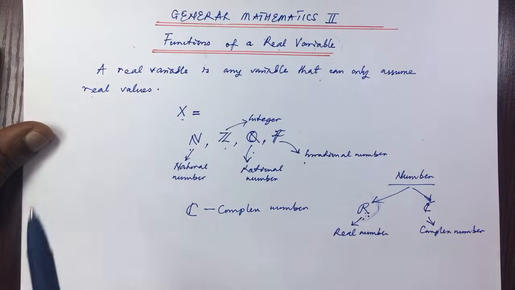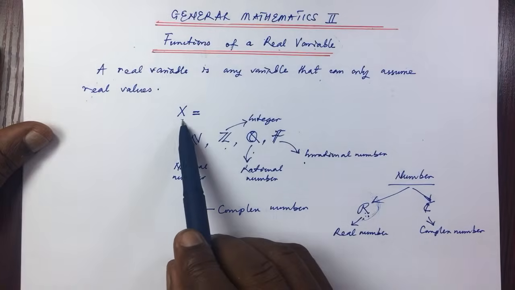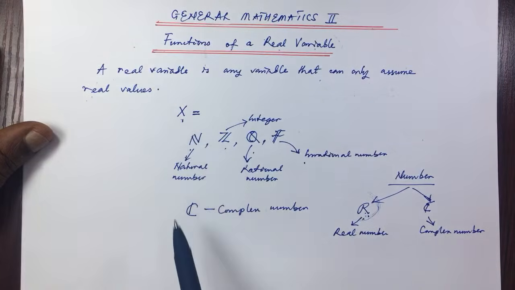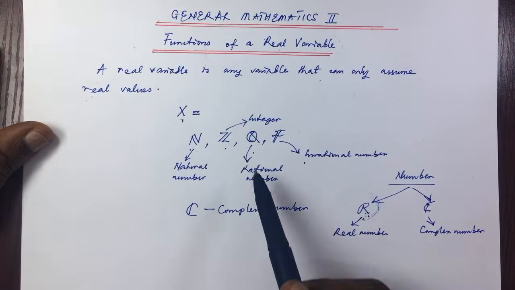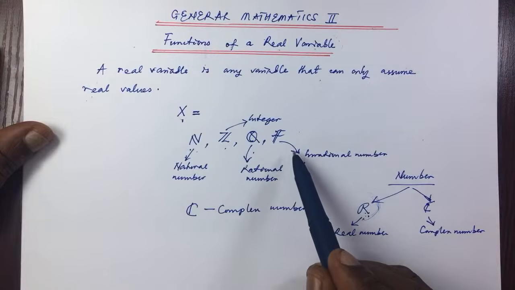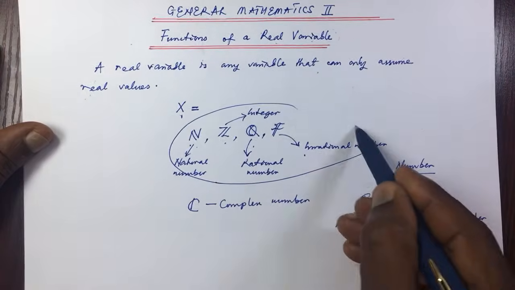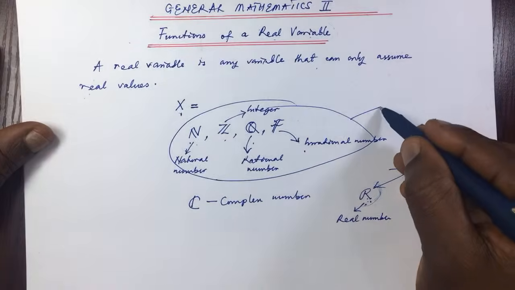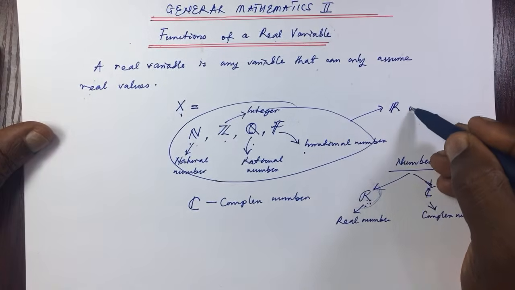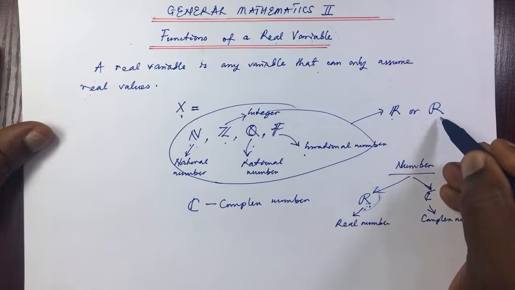And by real values, we mean that what is called a real variable, in this case, say x, can assume a natural number, can assume an integer, can assume a rational number, can assume an irrational number, because all these put together are real numbers. Okay? Either use this symbol or this symbol.